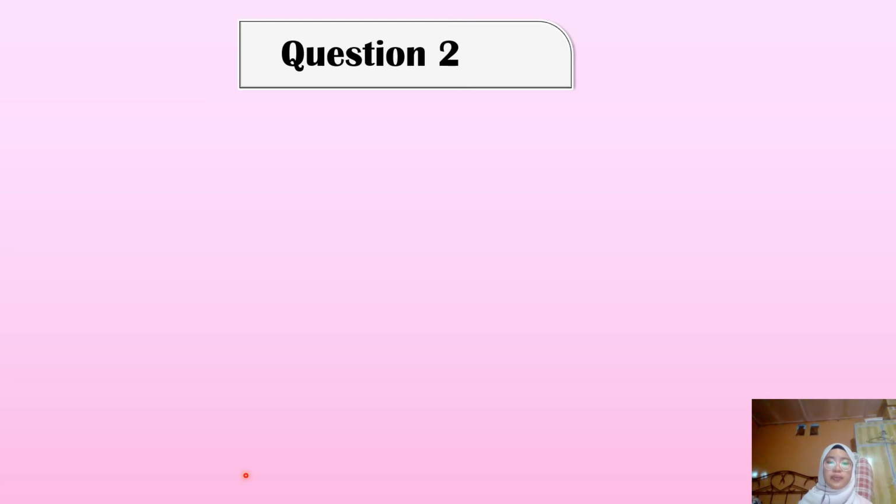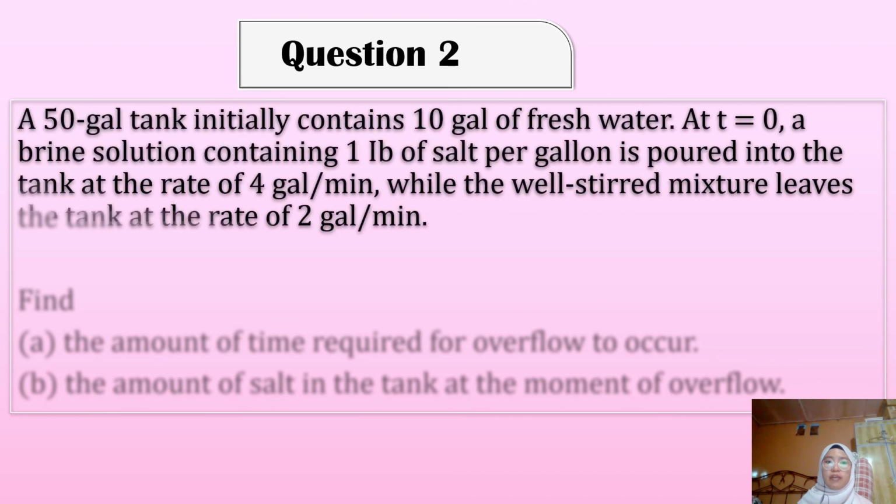Question 2. A 50-gal tank initially contained 10 gal of fresh water. At t equals 0, a brine solution containing 1 pound of salt per gallon is poured into the tank at the rate of 4 gal per minute, while the well-stirred mixture leaves the tank at the rate of 2 gal per minute.